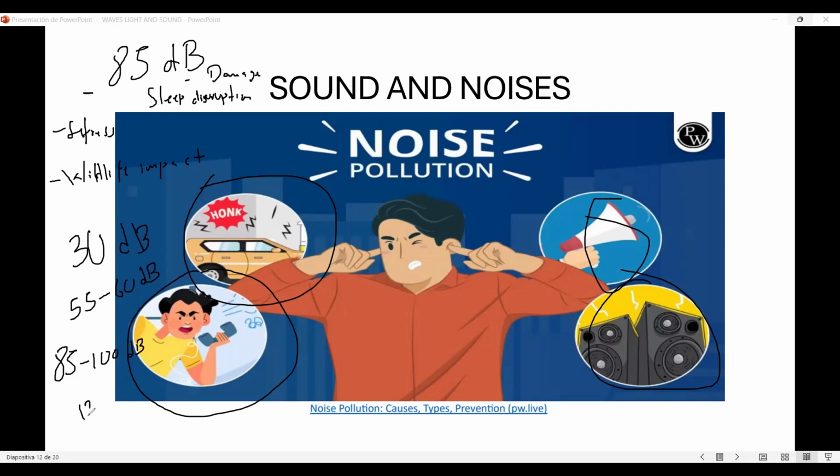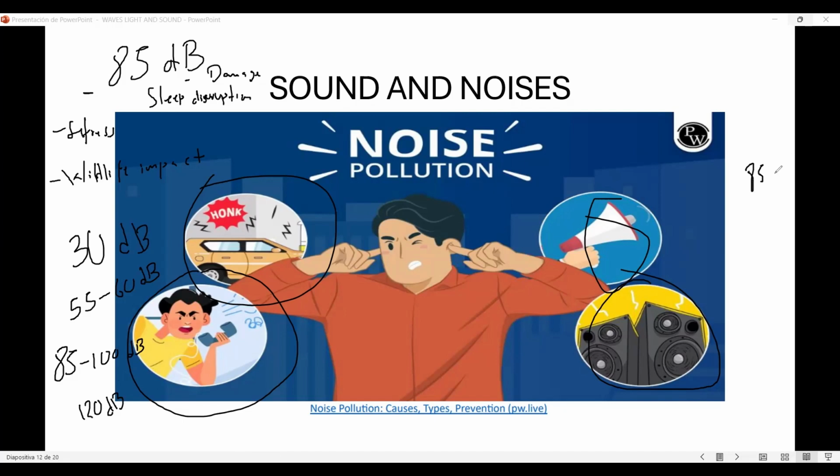And above 120 decibels, noise at this level, such as explosions, is painful to hear and can cause instant damage to the ears. So we have thresholds for noise pollution, right?